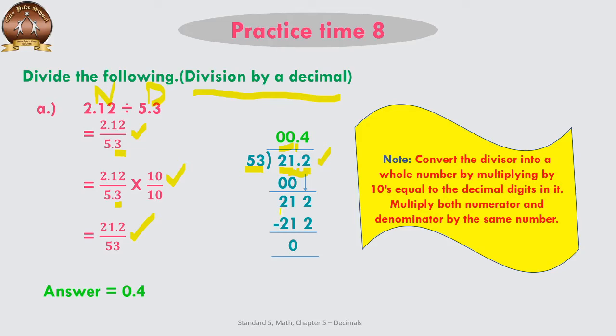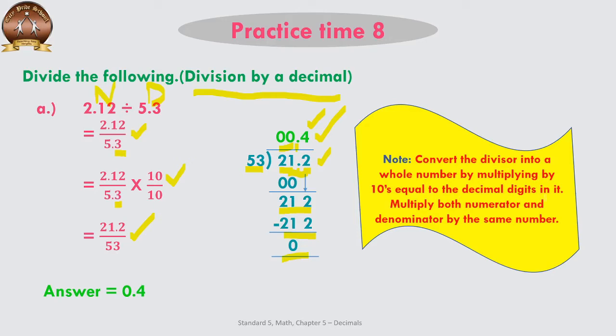Now the number in this place becomes 212. Now 53 multiplied by 4 gives us 212 and the remainder is 0. So the answer for this question is 0.4.